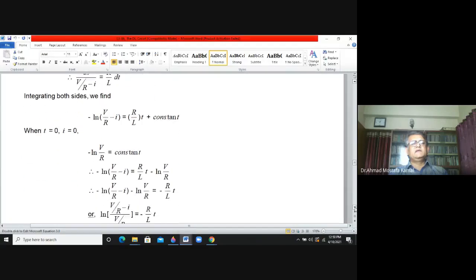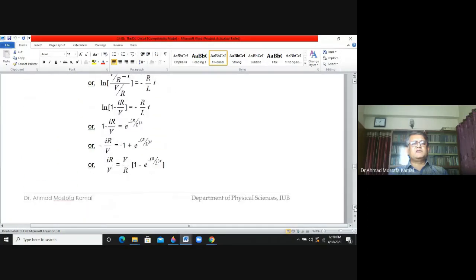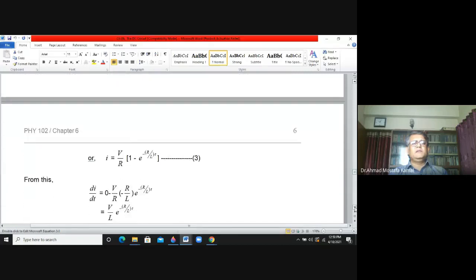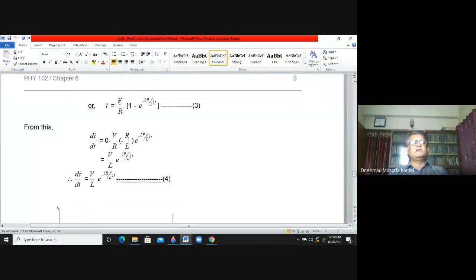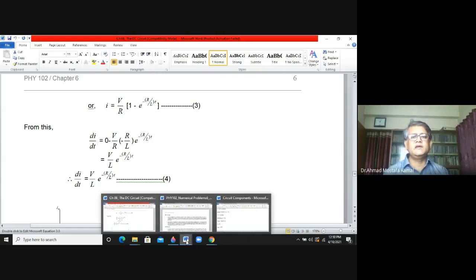In this case we can get an equation for I, and that is I equal to V by R into 1 minus e to the power minus R by L into t. So this equation gives you the current of the RL circuit.